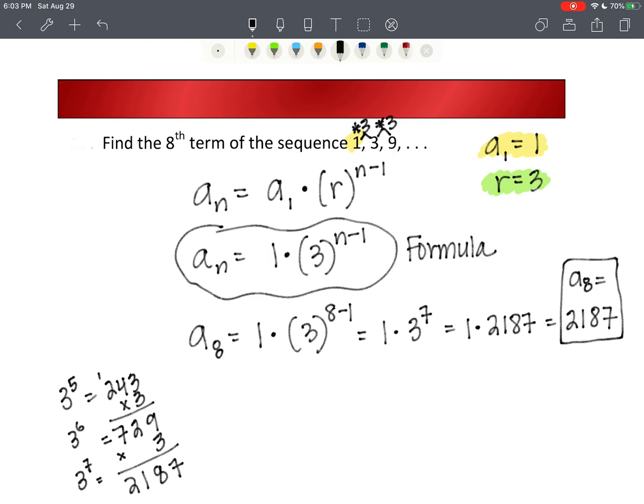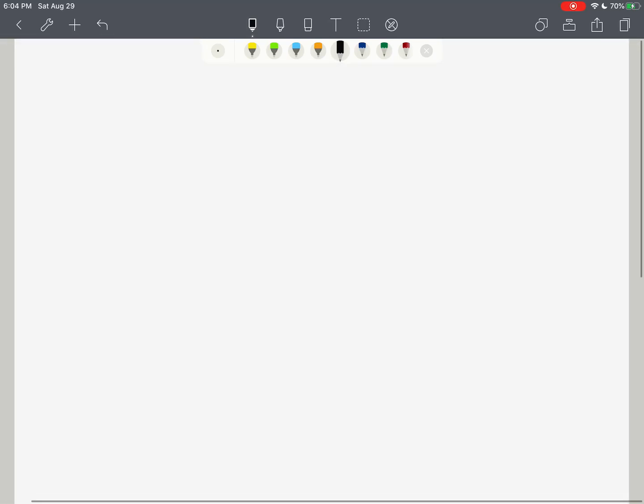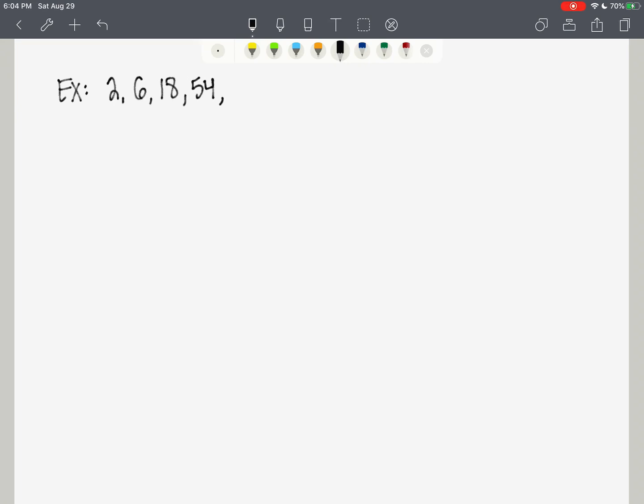So if you got that, you should be feeling really, really good about exponential rules, which are called the geometric sequences. So now you know that we have sequences that have commas, and then we also have series, which is a sum. So let's pretend that I wanted to add, from the very beginning of the previous video, 2, 6, 18, 54, and then 162.